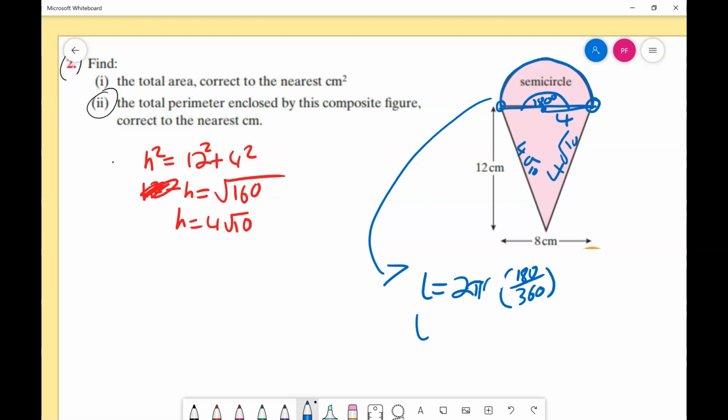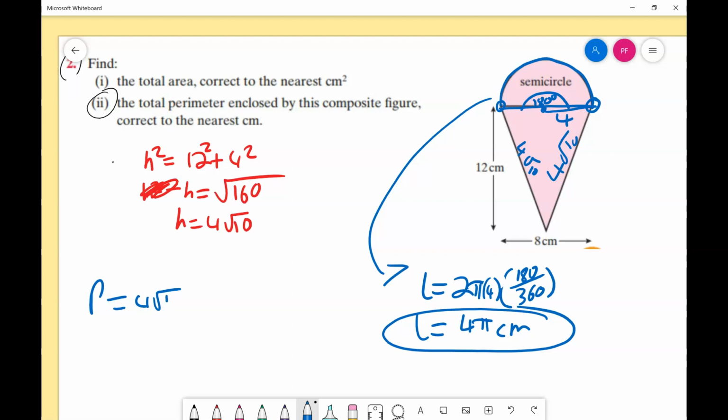So it's 2 pi times 4 times a half, that's 4 pi centimeters. Centimeters is length. So our total perimeter is 4 root 10 plus 4 root 10 plus 4 pi, which equals 25.25, so 25 centimeters to the nearest centimeter.